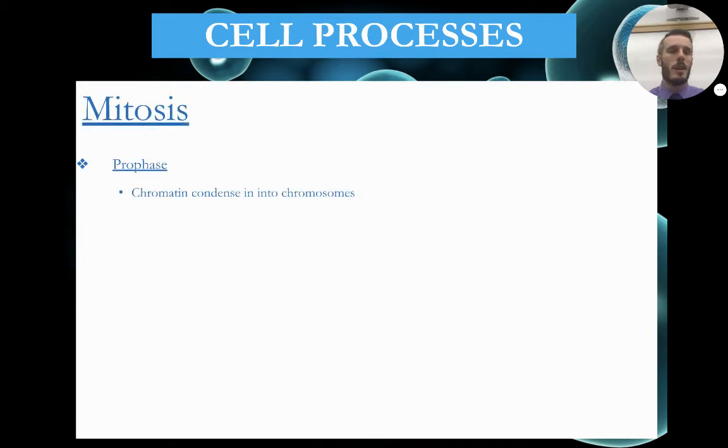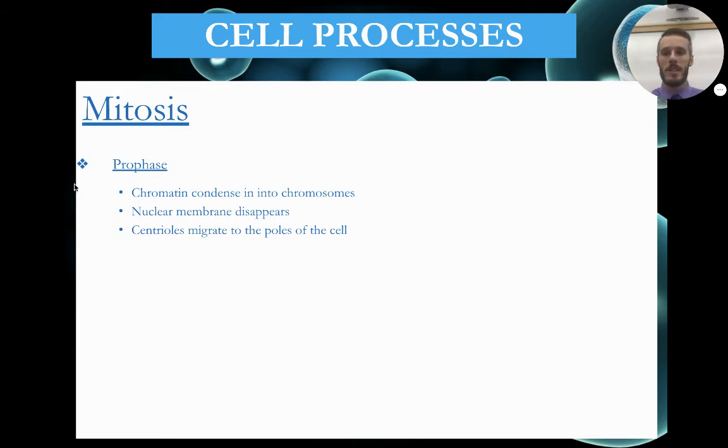A little bit more detail about prophase, metaphase, anaphase, and telophase. So prophase is where the chromatin, which is kind of unwound DNA, will condense into chromosomes. So essentially it's like you're preparing for a vacation, so you pack all your things into a suitcase rather than just kind of having them all in a ball and carrying it with you.